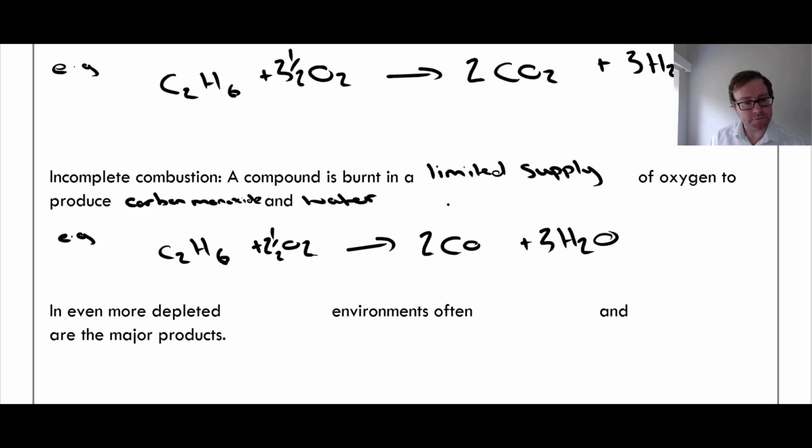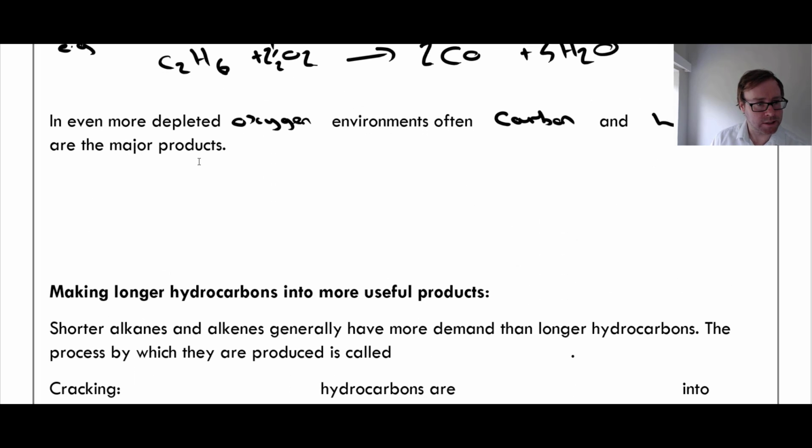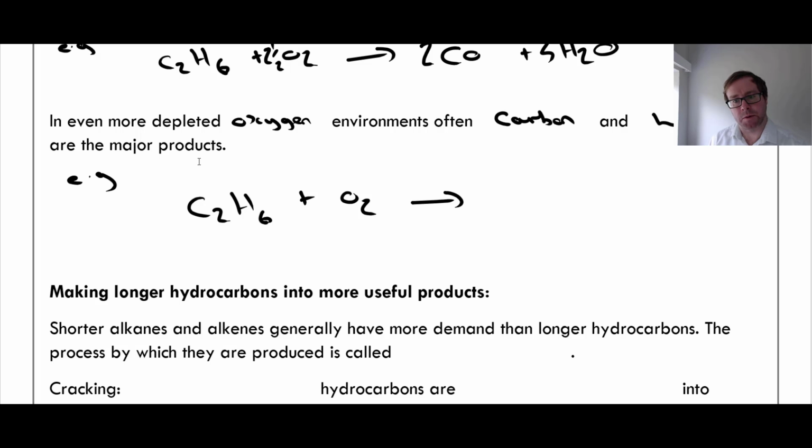Okay, so in even more depleted oxygen environments, often carbon and water are the major products. And we'll quickly do this together. So we'll use ethane again. So I'm still reacting with oxygen, but my major product is going to be carbon, which is usually, I'll just write this here, in the form of soot.